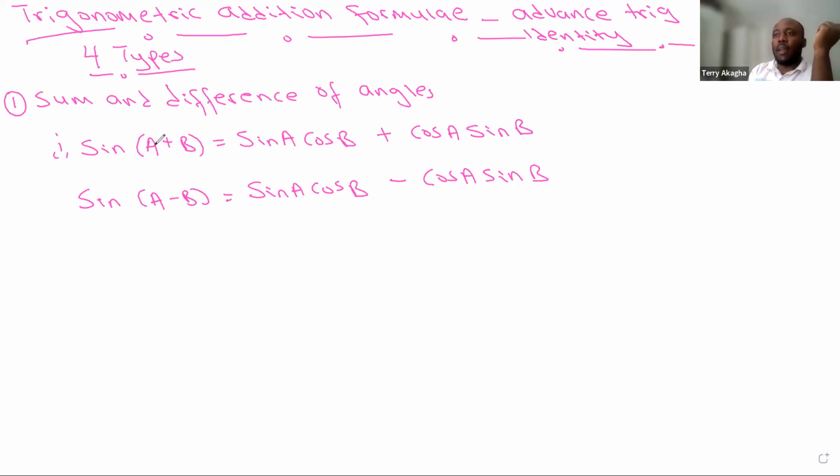So A plus B is sine A cos B plus cos A sine B, and if it's A minus B, it's sine A cos B minus cos A sine B.